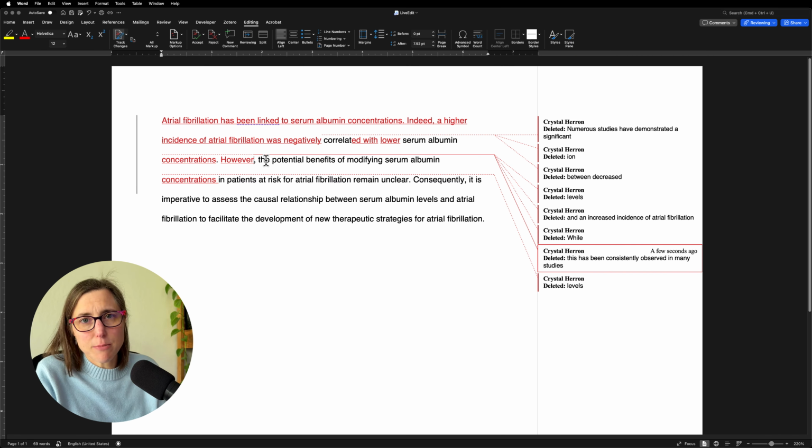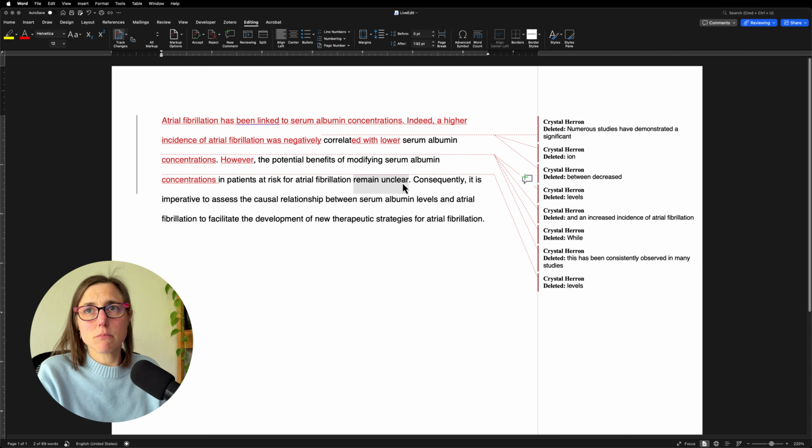The thing that comes to mind for me is that when you say something remains unclear, to whom? This sentence is missing an actor, and I want to add one. In this case it could vary depending on your particular study.